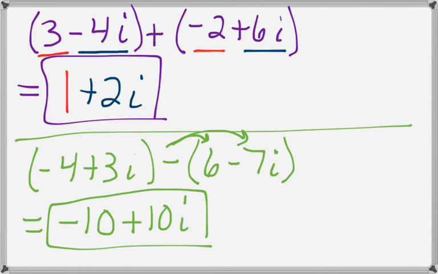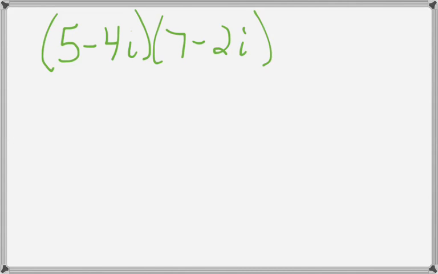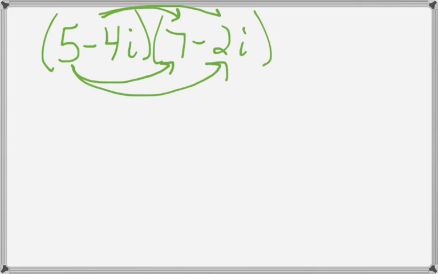If we want to multiply complex numbers, like say we want to do 5 minus 4i times 7 minus 2i. Again, it's similar to if you were multiplying polynomials. You're going to distribute the 5 to each part of the second number, and you're going to distribute the negative 4i to each part of the second number.